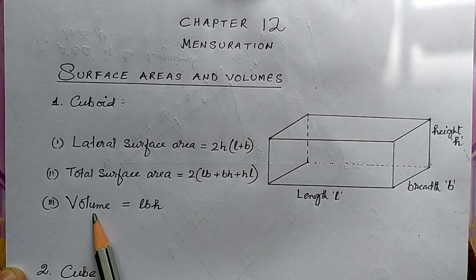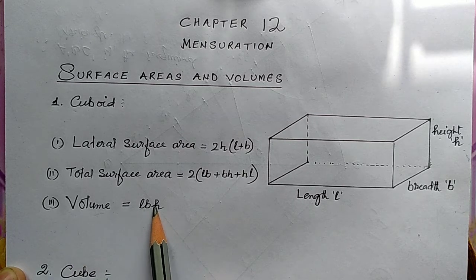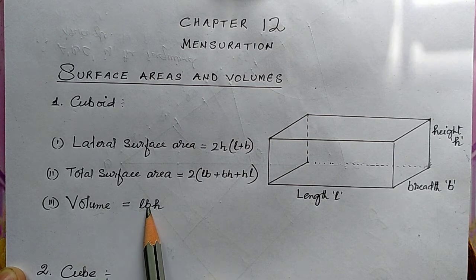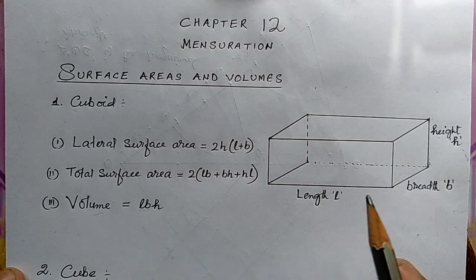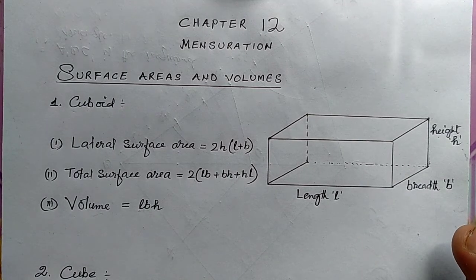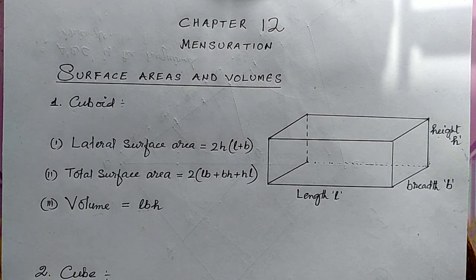And the third one, volume, is lbh, which is length into breadth into height. Now you are asked to memorize all these formulae, but before that I'd like to explain why there are two surface areas for a cuboid.